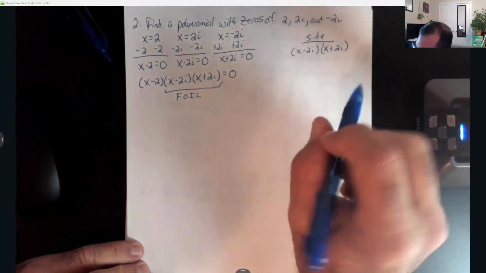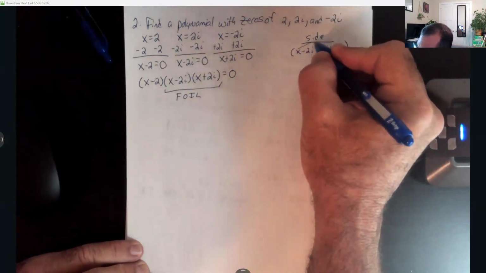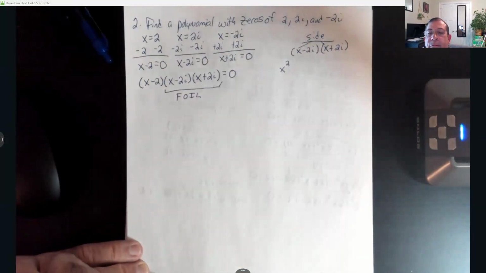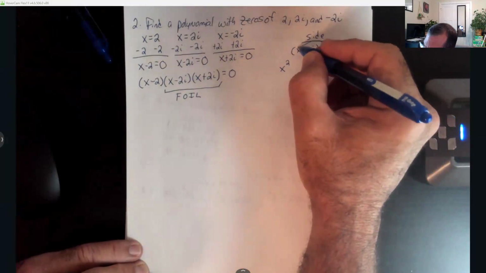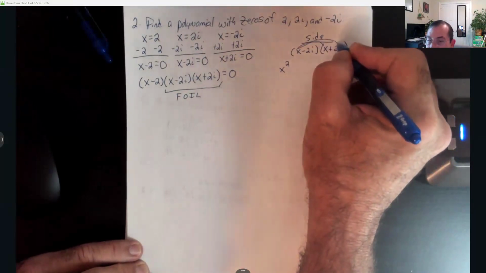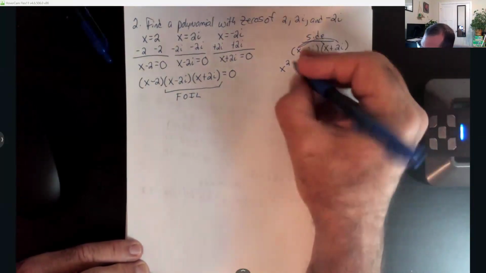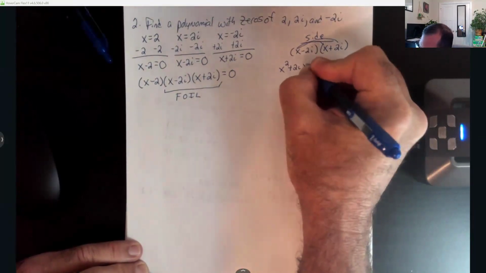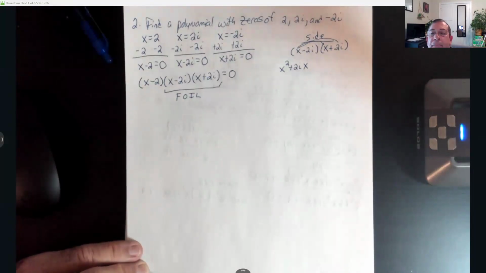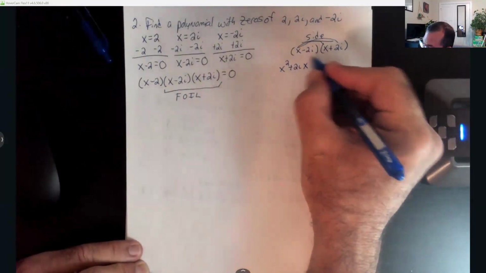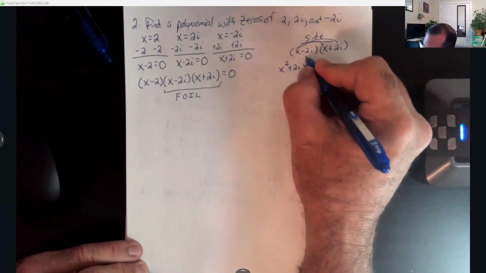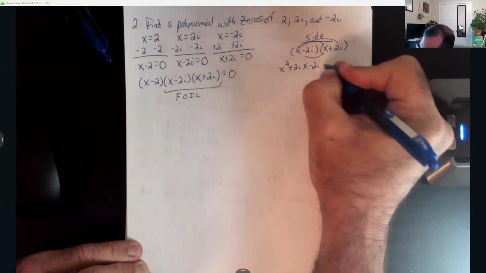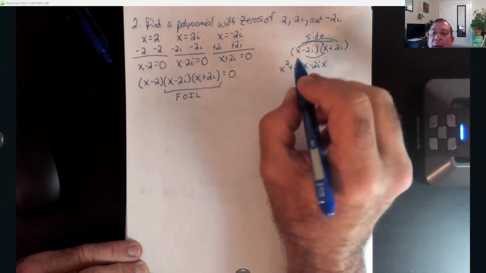X times x. Well, y'all, x times x is an x squared. Let's take this x times 2i. Well, x times 2i is a positive 2ix. All right, so now let's distribute that negative 2i. Negative 2i times x is a negative 2ix. And then, y'all, here we go.